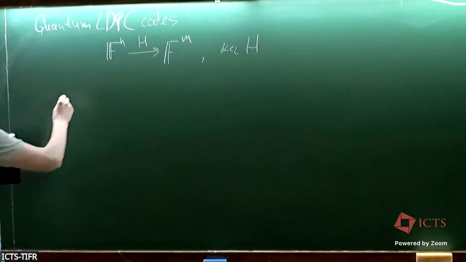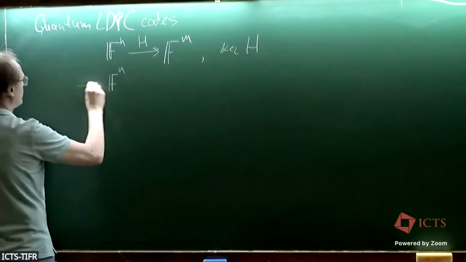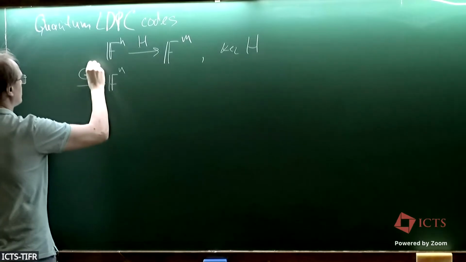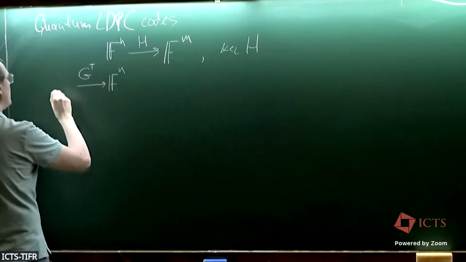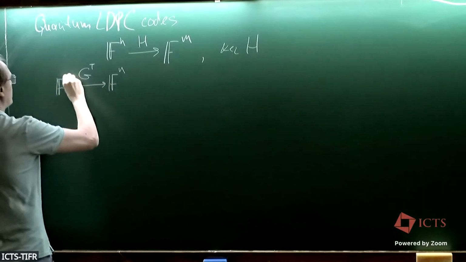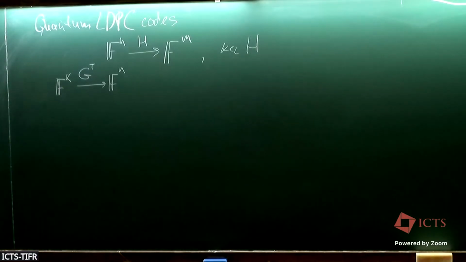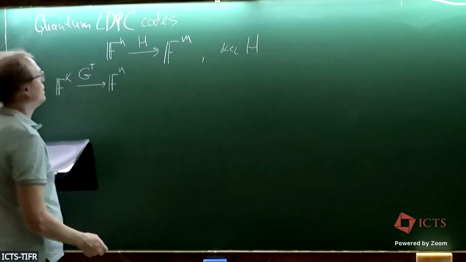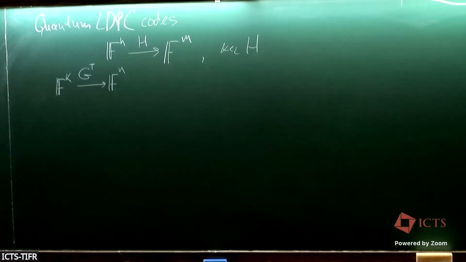So for a generator matrix, we also have some matrix, G. Here I consider the transposed G, and I apply this transposed G to the k-dimensional space, and so I choose the basis of my linear code, and linear combinations of this give you every possible code word.